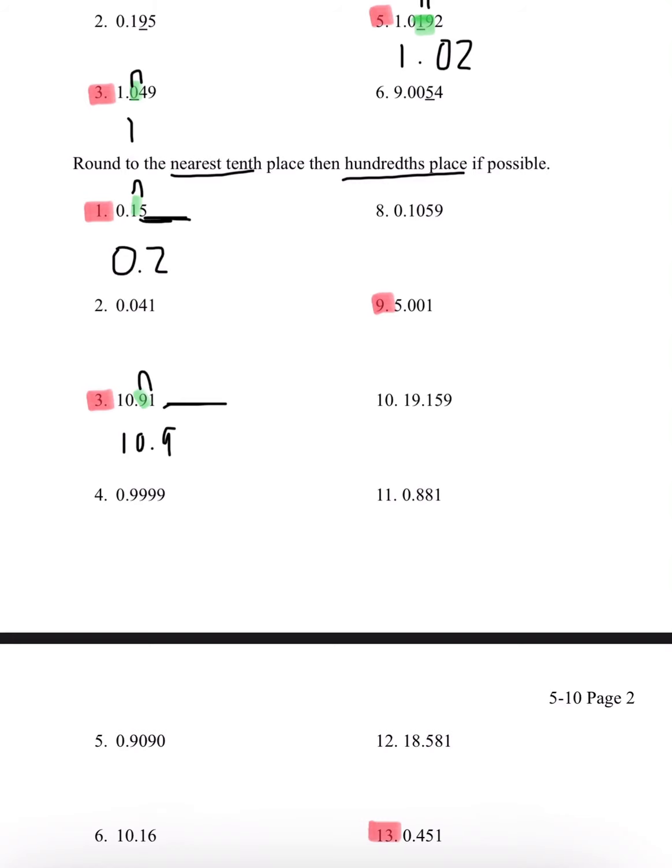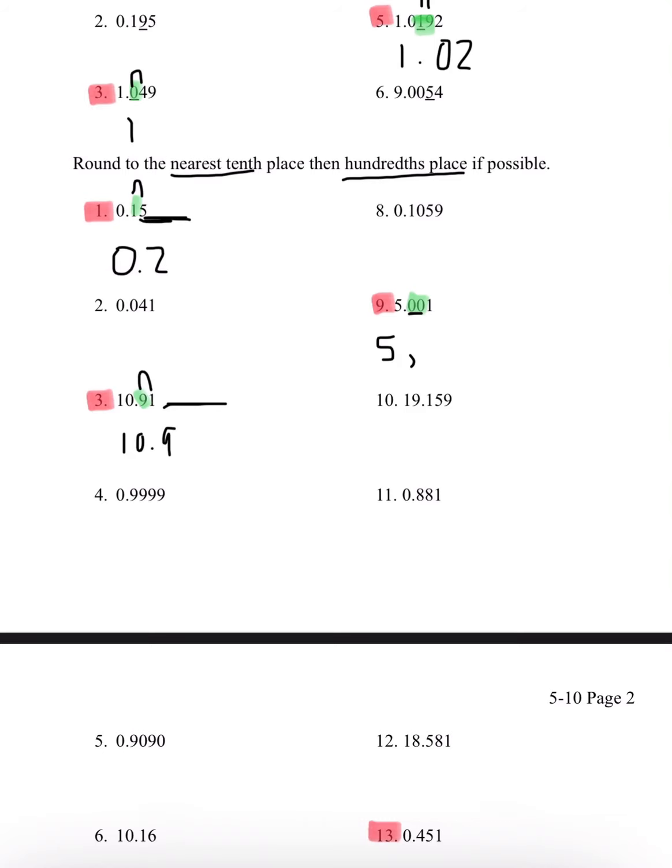Number 5 gives us 5.001. Let's look at the tenths and hundredths place. They're both zeros. Let's first look at the tenths place. Behind it is a 0. So it's just going to be 5. And this is going to be the hundredths place one.